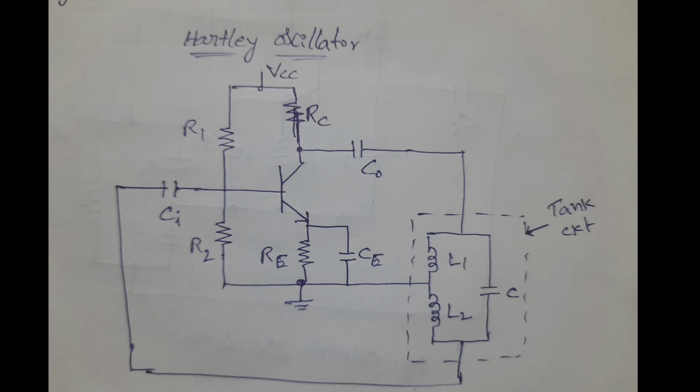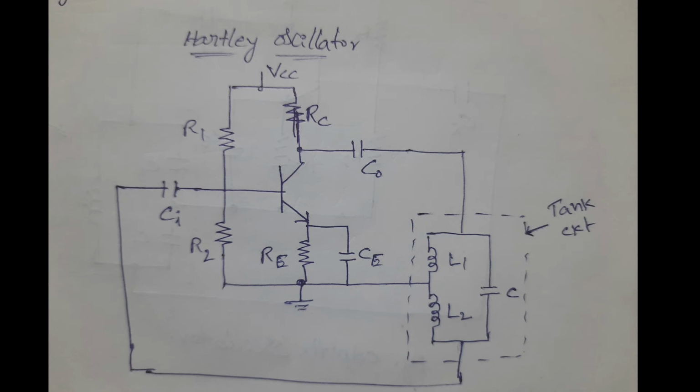The oscillations in the tank circuit produce an AC voltage across the inductors L1 and L2, which are out of phase by 180 degrees as their point of contact is grounded.